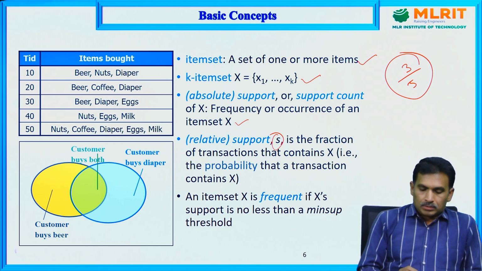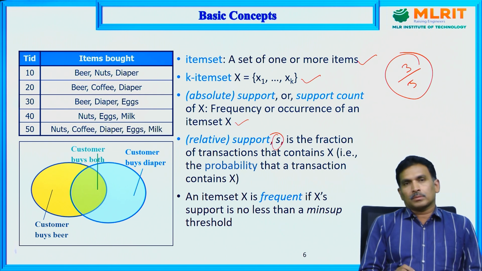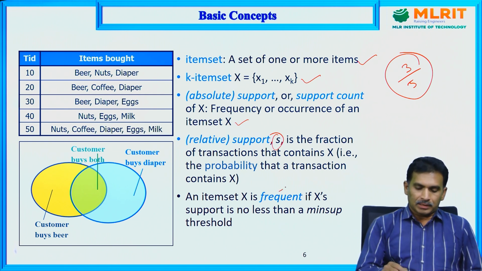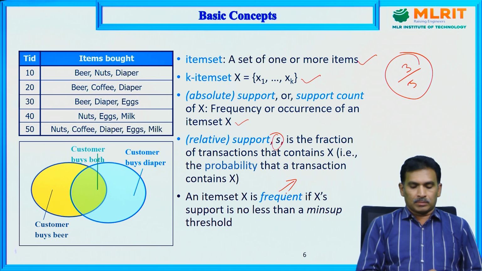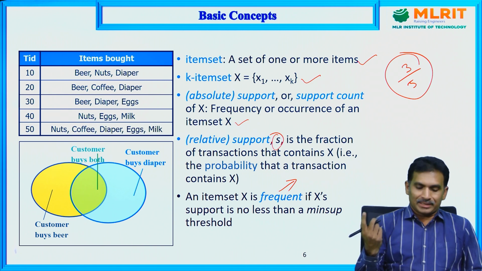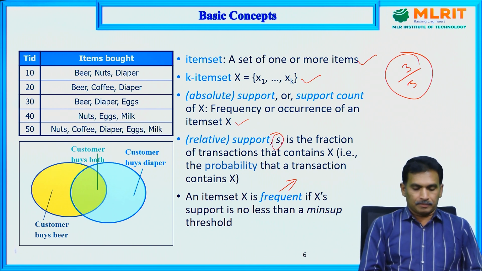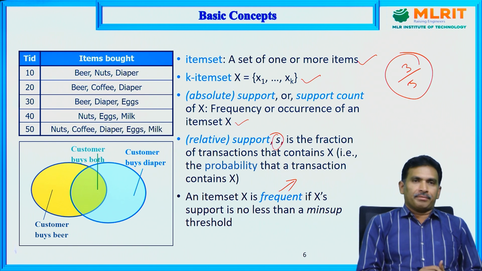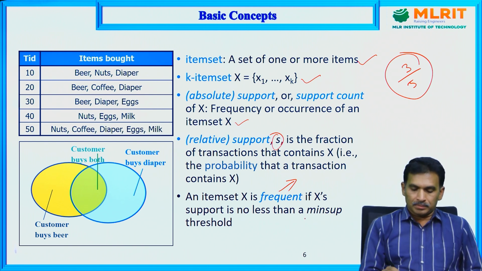Next, a frequent item set. What do we mean by frequent item sets? From the name itself, frequent means it appeared a larger number of times. It could be 2 or 3 or n number of times. So an item set X is frequent if X's support is no less than a minimum specified threshold, or minimum support.